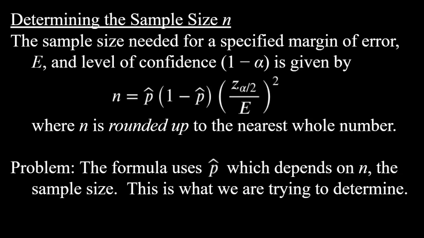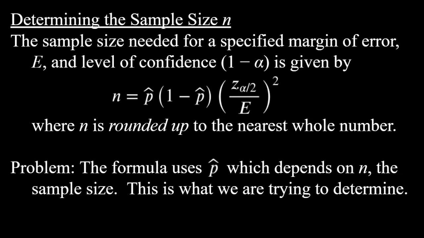So the sample size needed for a specified margin of error and a level of confidence, 1 minus alpha, is given by this formula: n equals p hat times 1 minus p hat, times z sub alpha over 2 divided by E, and then that quantity is squared. Where n is rounded up to the nearest whole number. Again, we round up because we don't want to decrease our confidence at all. We would want to increase it, if anything. So if we have to round, we always round up.